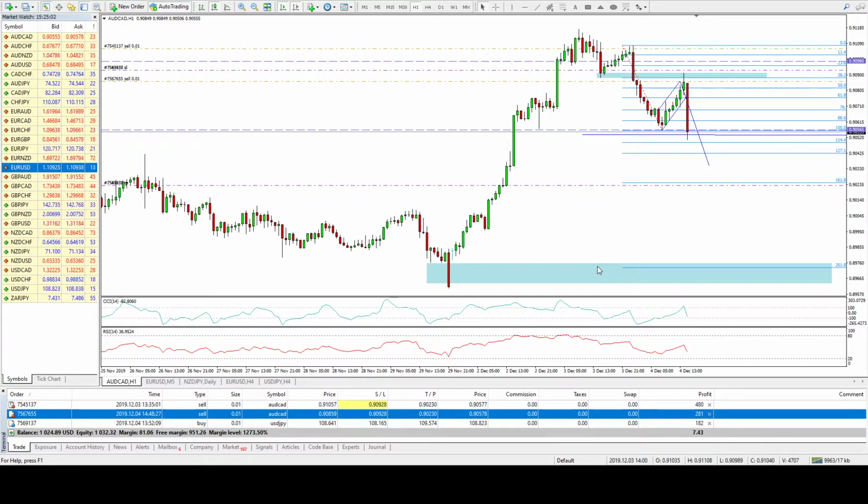Let's see. If the price closes below this support line, we are home free.